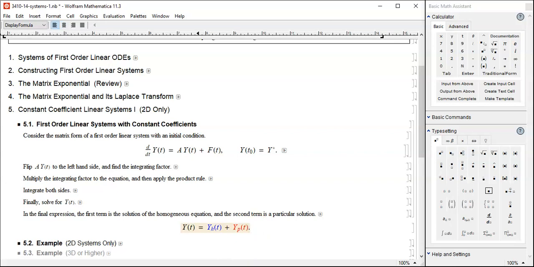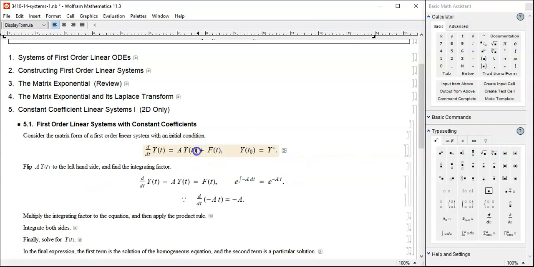Now, how are we going to set up this? We're going to employ the same method that we used way back in week 2 when we were studying the first-order linear equation. We're going to use the method of integrating factor. Flip this one to the other side, to the left-hand side like this, and then take the coefficient part here and take the exponential of the antiderivative of the coefficient function.